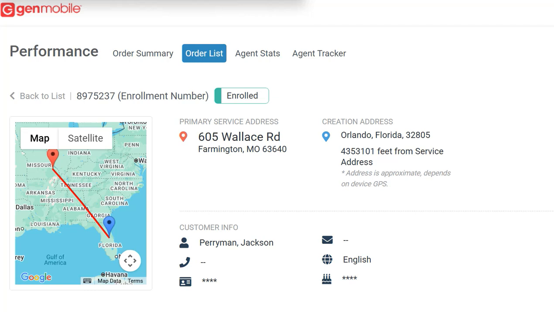Basically, the point I'm trying to make is they know where you are when you activate, and they know where the customer lives.